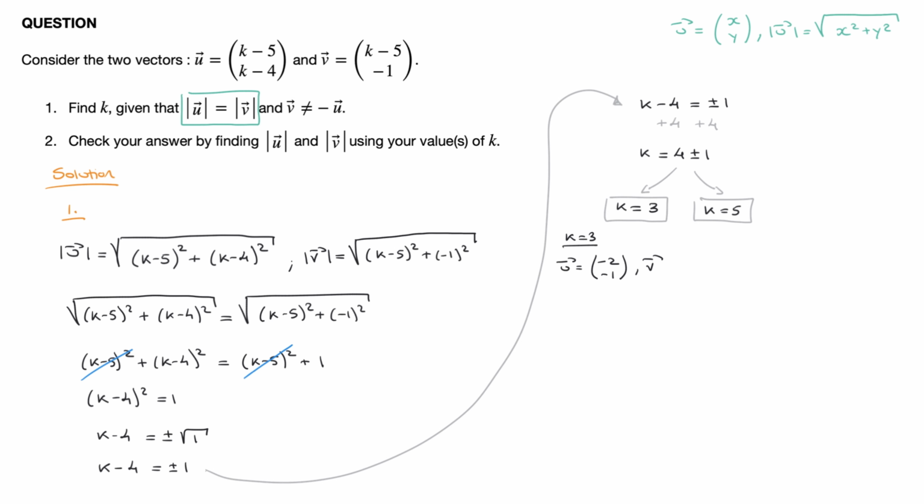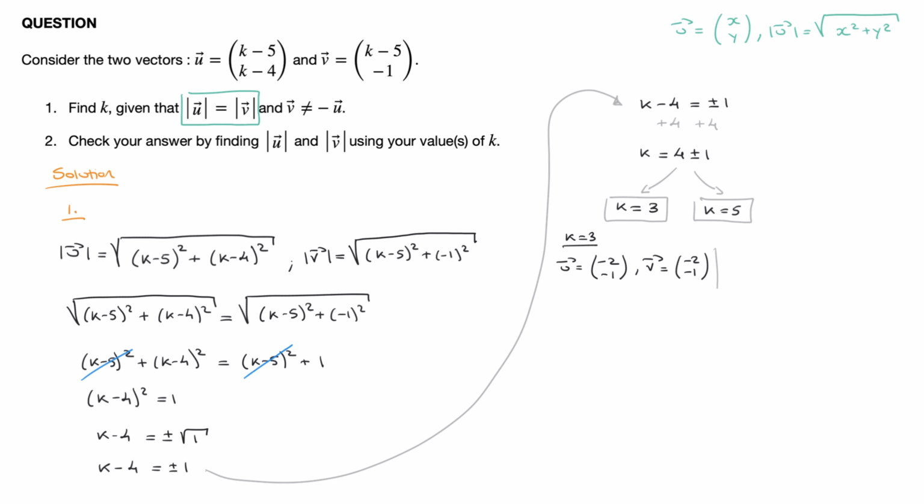Vector v, on the other hand, well, let's see, if k is equal to 3, vector v would become 3 minus 5, which is negative 2, and of course the y component would just be negative 1. So vector v would equal to negative 2 and negative 1. Notice here that these two vectors are equal, but they are not opposites of each other. So this definitely suggests that k equals to 3 is a valid solution.